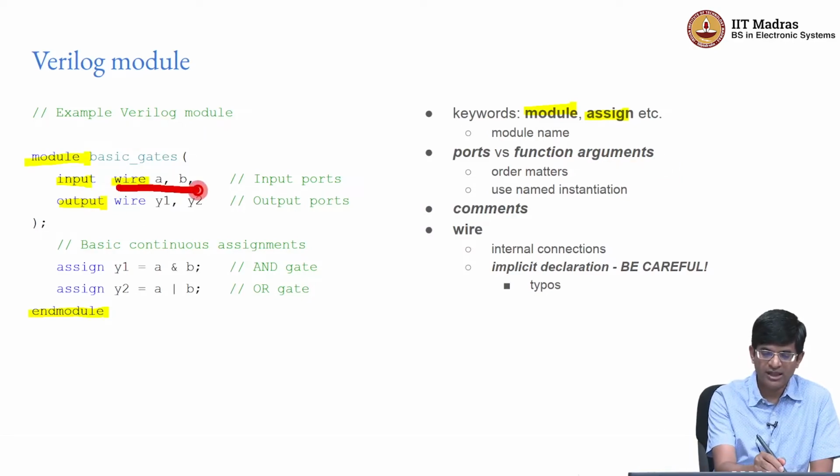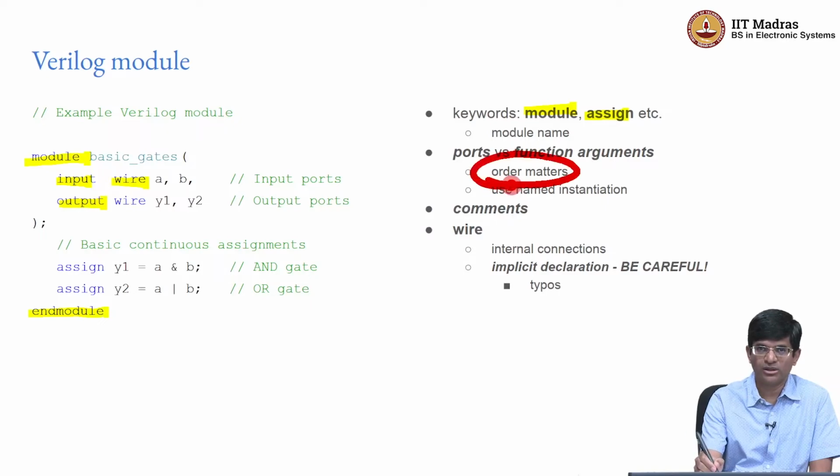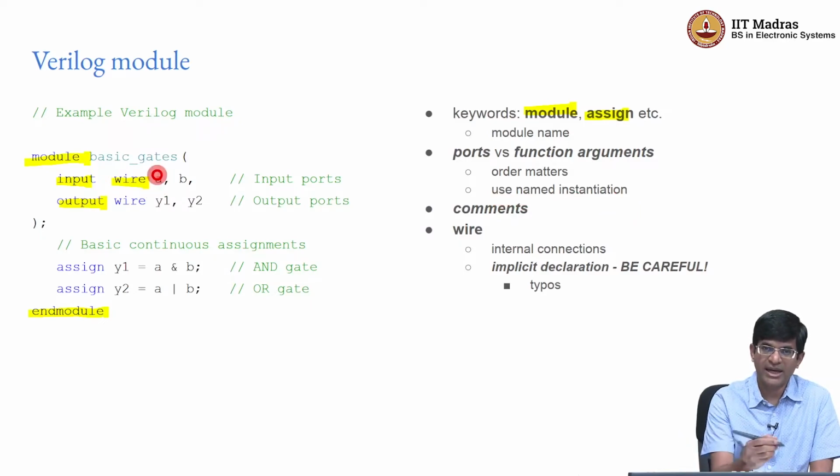The order of these parameters does matter, right, and what we will see later is that in order to avoid this issue with the order mattering, we actually use something called named instantiation, where we explicitly have a mapping between the name given over here and the name of the signal that we want to connect it to.